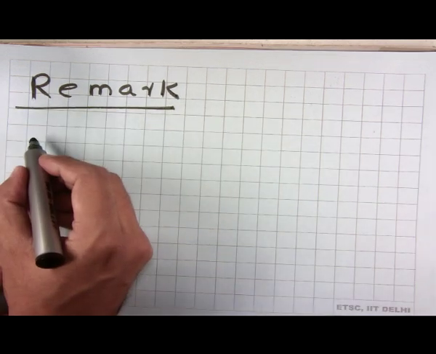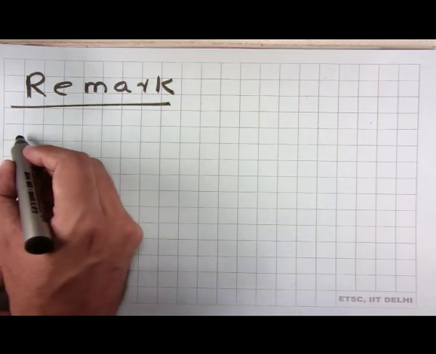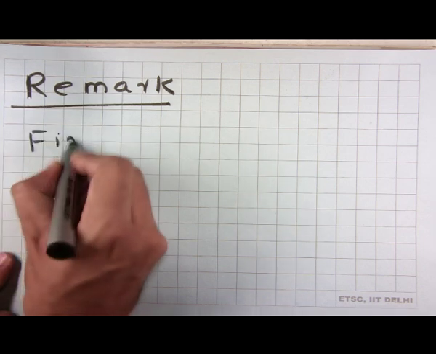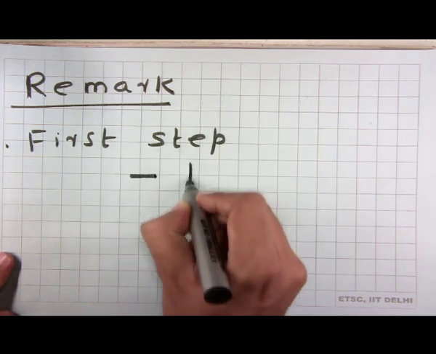The first step which demands us to prove that P of 1 is true is generally referred to as basis step.